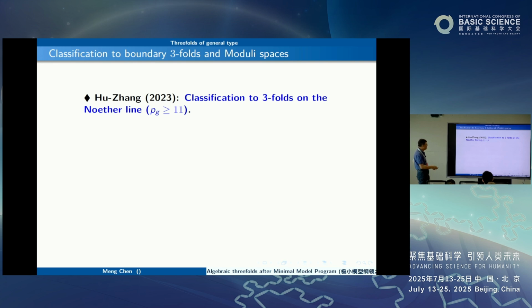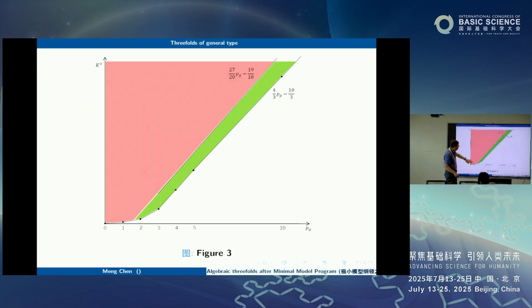This is a necessary step. Otherwise, we could not really know how threefolds are distributed. So in higher dimensions, if you want to study the geography, you cannot avoid finding an effective way to find varieties with volume as small as possible.